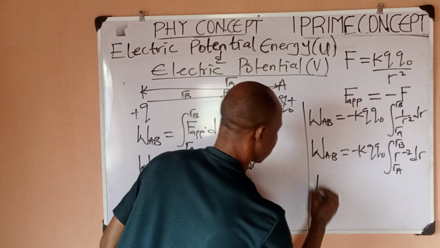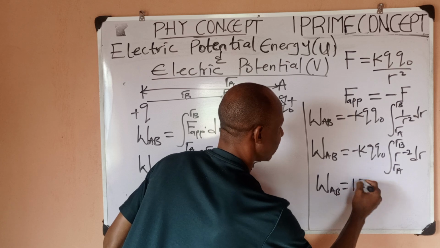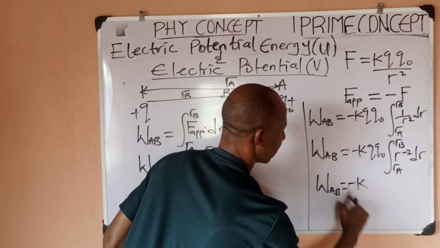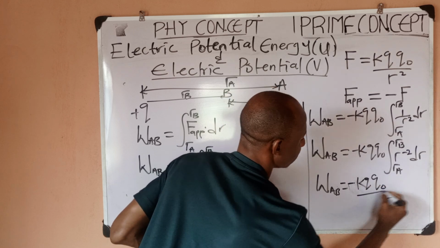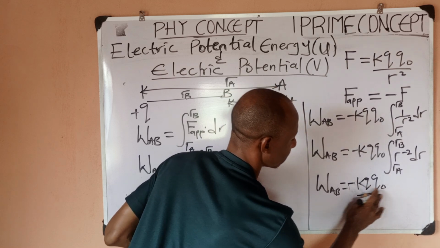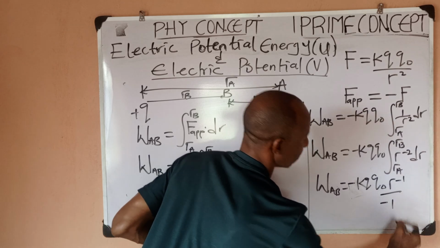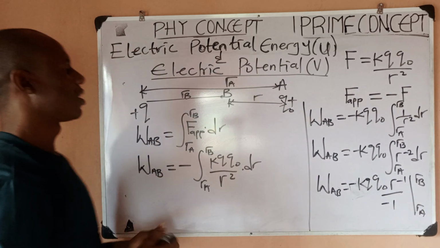And my work done is going to be minus KQQ naught times R raised to power minus 1 divided by minus 1. So from point A to point B. So this is what I would have.